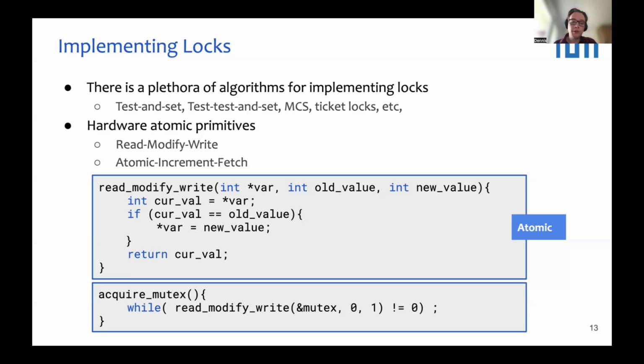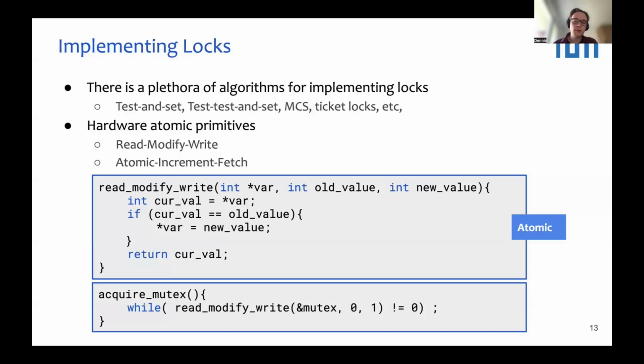And then this is one mechanism to implement a mutex. So to acquire a mutex, we can keep calling this read modify write atomic operation on the mutex, and then look whether it is 0. And if it is 0, we set it to 1. But if it's not 0, we wait until it becomes 0. So it could be another thread has set it to 1 and is still using it.